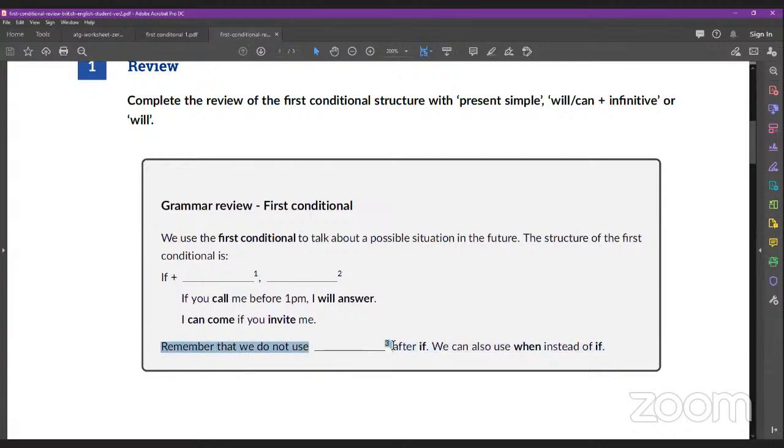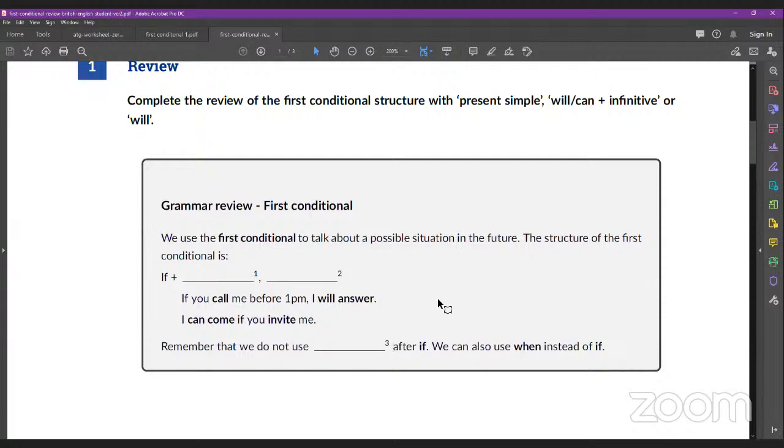And the number 3, who can help me with the number 3? Remember? We don't use will. That's perfect, Miss Laura. That's correct.